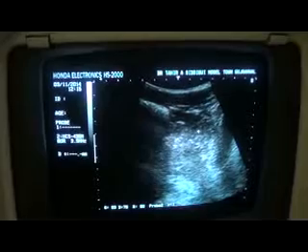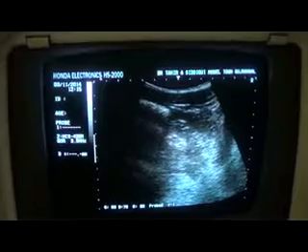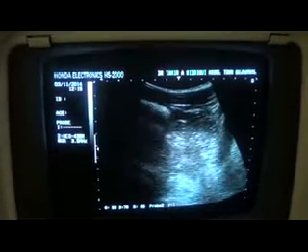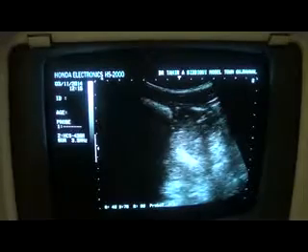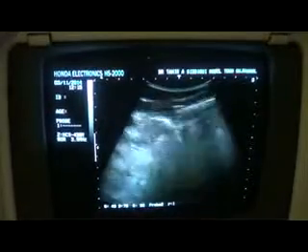Concentrate on this region and you will see the movement of the food material, but it's slow. The peristalsis is slow. Normally we do not see this sort of picture. These are all matted bowel segments. Here, now on the left side, total left lower abdominal quadrant, same picture, bowel segments, trapped air.